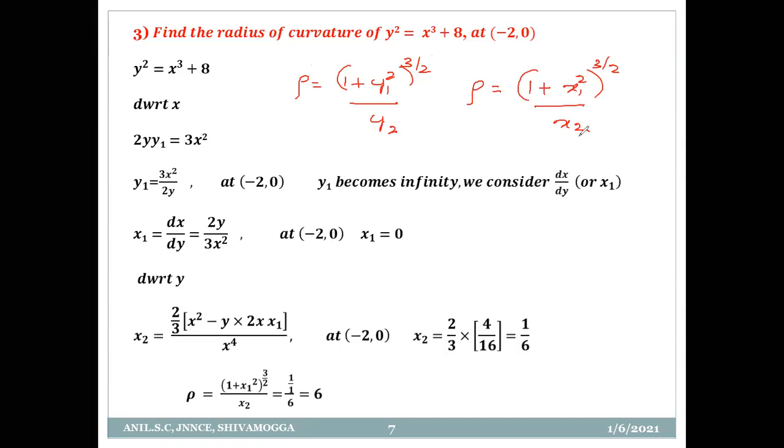Now we have x1 and x2, substitute. Rho is equal to 1 plus x1 square, and x1 is equal to 0. Therefore, 0 square is 0, whole power 3 by 2. 1 power 3 by 2 is 1, divided by x2. x2 is 1 by 6. 1 over 1 by 6 is 6. Radius of curvature is 6.